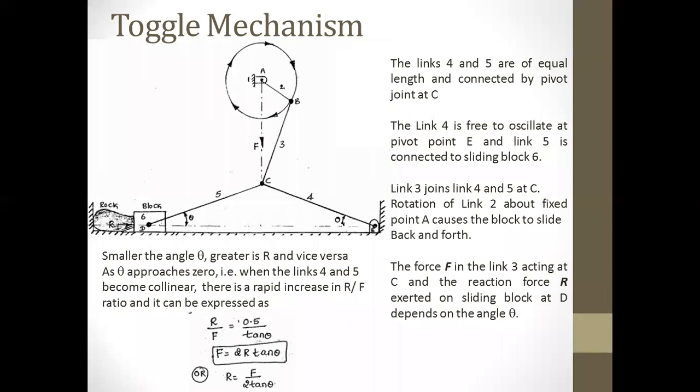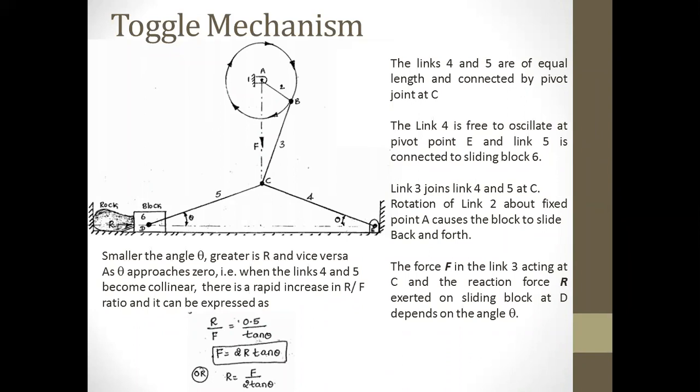Okay. So as theta approaches 0, when this becomes horizontal, that means link number 4 and 5 become horizontal, or you can say collinear, there is a rapid increase in the reaction to force ratio. That is, the R by F ratio will increase rapidly.